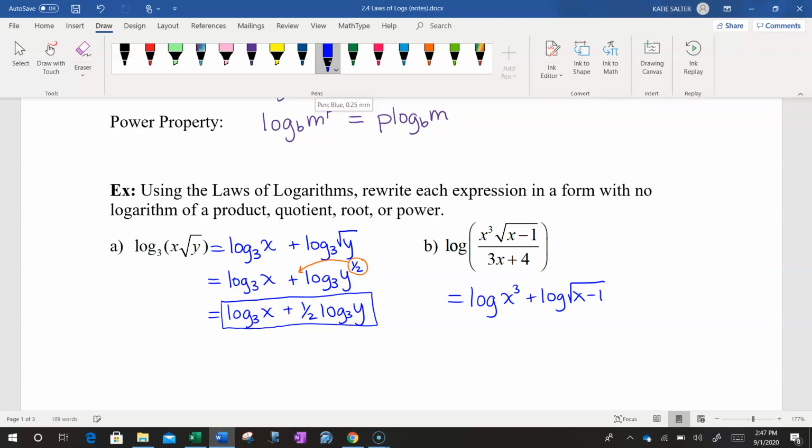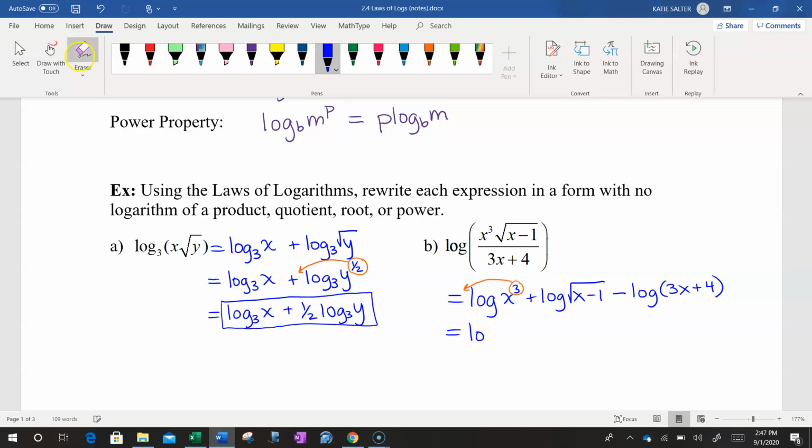And then because this 3x plus 4 is in the denominator, we're dividing by it. So we'd say minus the log of 3x plus 4. All right, again, we don't want any roots or powers. So this 3 right here is good to go. We can go ahead and drop that down in front. But for the second term, we're going to have to rewrite that square root as a power.